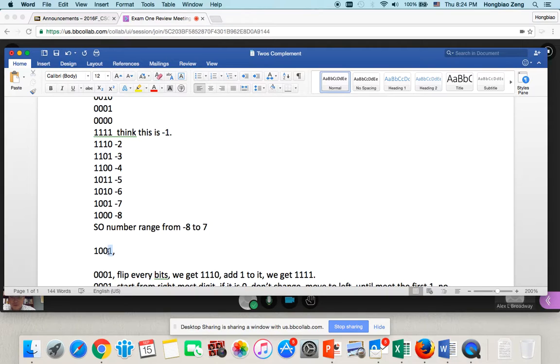I start from the rightmost bit, which is 1. I don't change it. Then I move to the left, and every bit I flip over. This one I flip, so it becomes 1. This flips to 1. This flips to 0. So 0111, I know this is 7. If this is 7, the original number is negative 7.